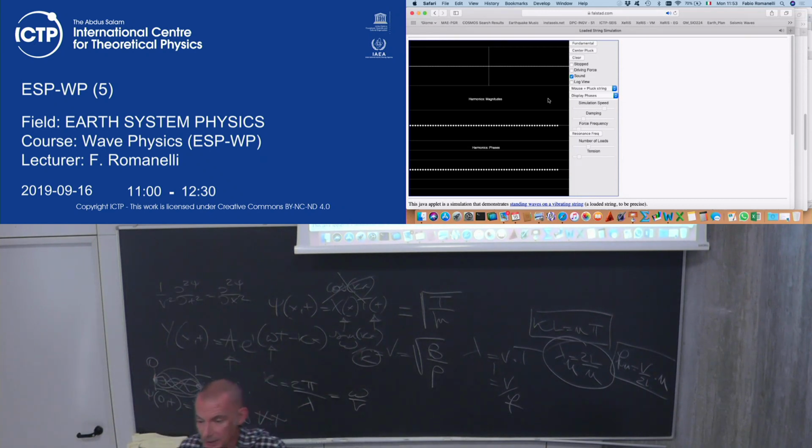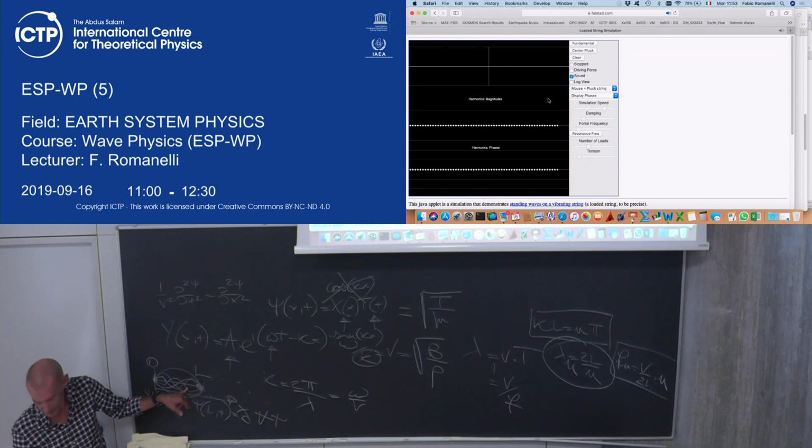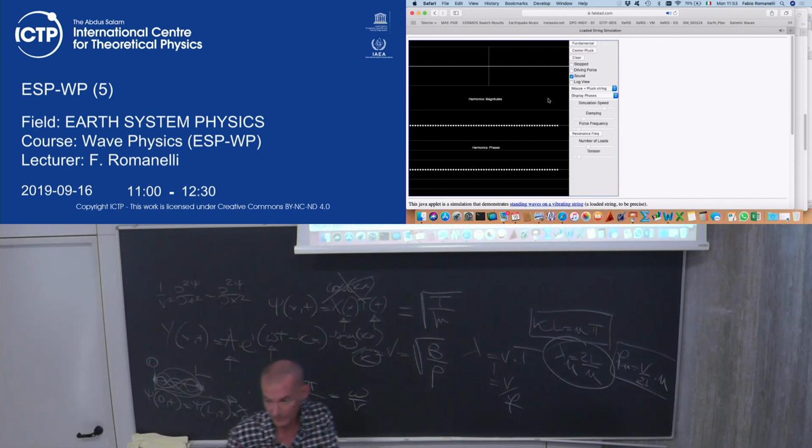Standing waves are physically generated by the interference of progressive waves. But from a mathematical point of view, we can use the modes of the system, standing waves, also to write progressive waves. It's a dual, complementary world.